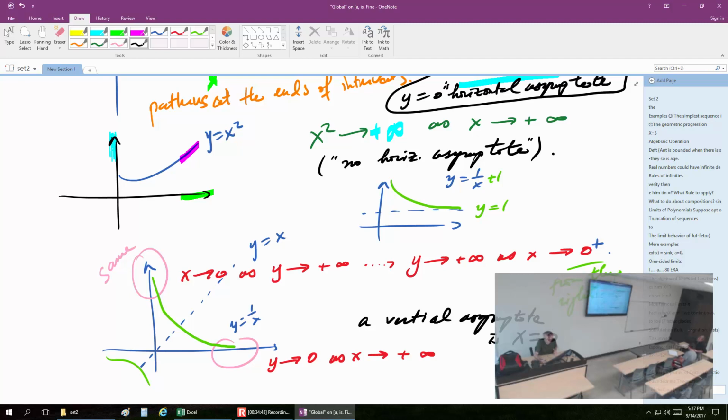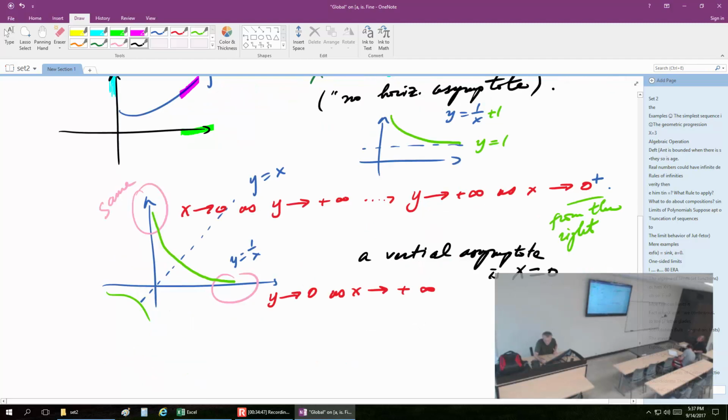In fact, probably worth mentioning another function that has a horizontal asymptote: 2 to the x, or say e to the x. E to the x has a horizontal asymptote right here.